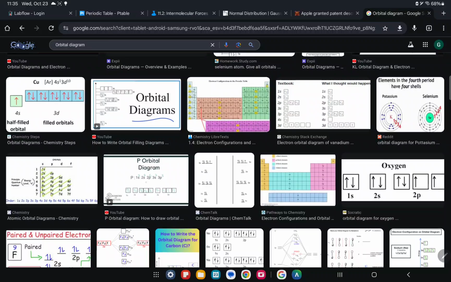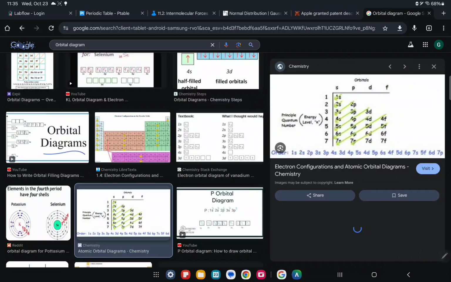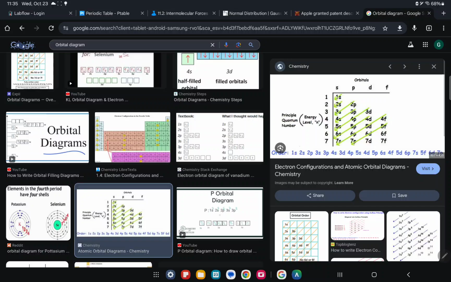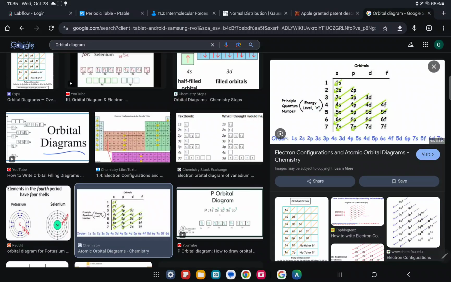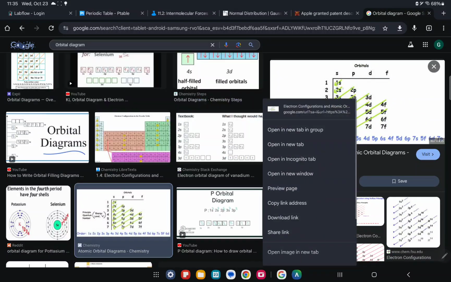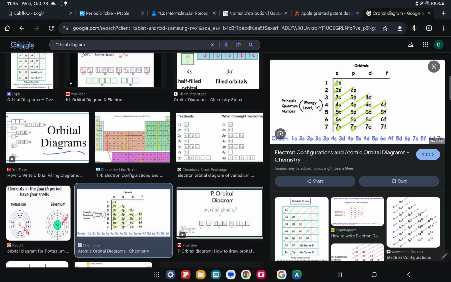So let me see if I can find. Here we go. So the first shell, we have the s orbital. Once that gets filled, the next period we have to start filling this one. Once this 2s orbital is filled, in the same shell, we start filling the 2p orbital.